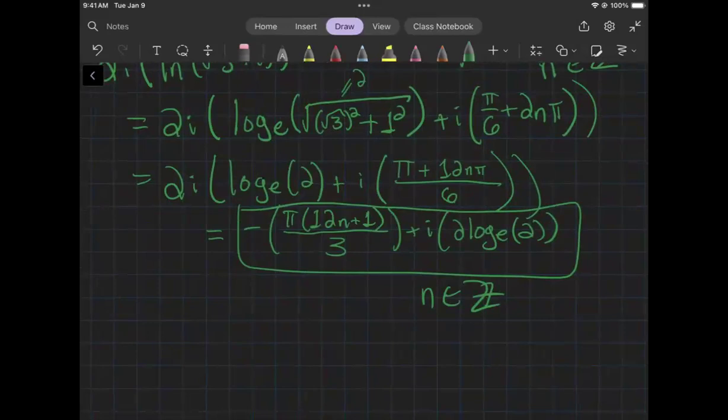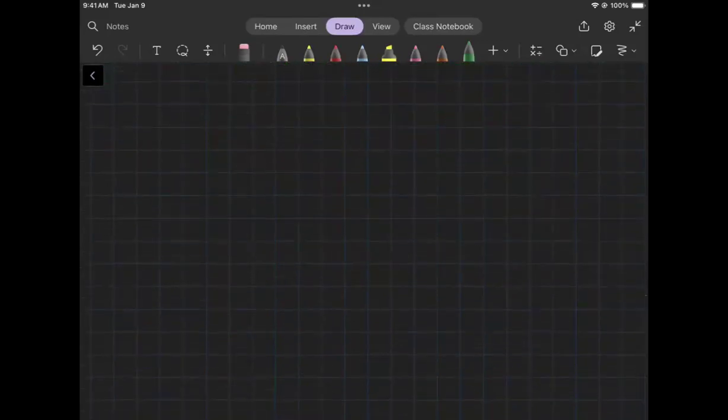So that's one example of looking at the power of a complex number.